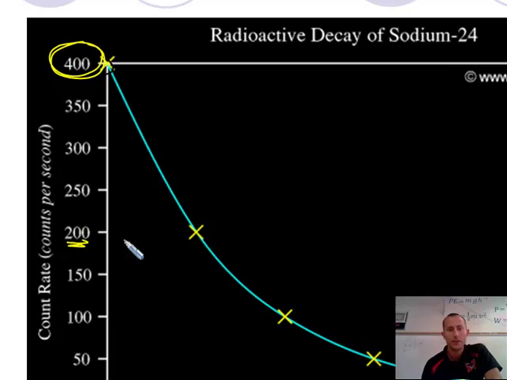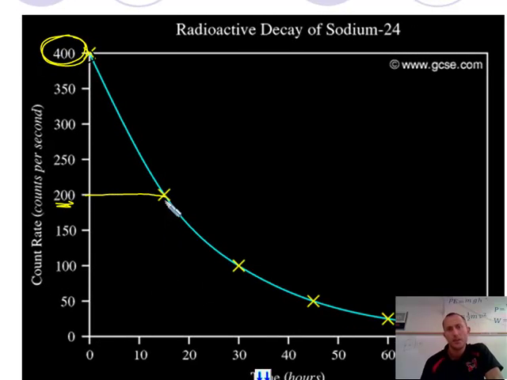Here's half of our initial sample. We come across, and there's our 200 grams of sodium-24. We come straight down, and it intersects the x-axis at about 15. And so after 15 hours, there are 200 grams still left of an original 400 gram sample.